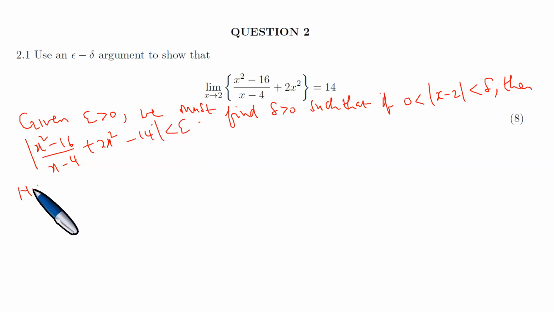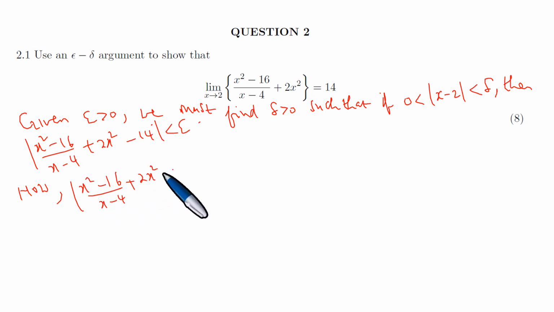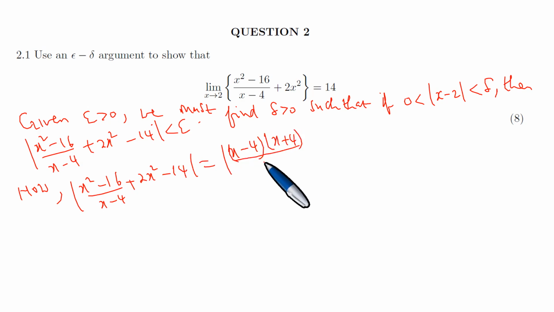Now we start by looking at x squared minus 16 divided by x minus 4 plus 2x squared minus 14. x minus 4 into x plus 4 divided by x minus 4 plus 2x squared minus 14.